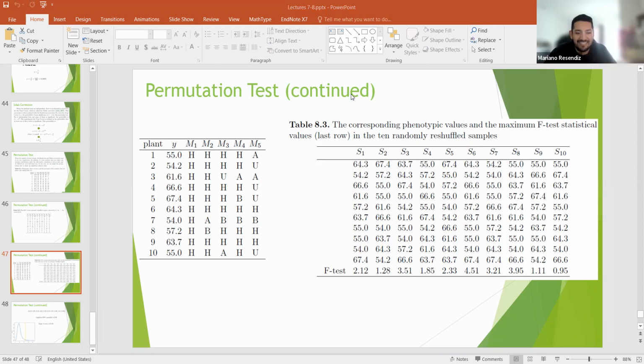Go ahead, Mariano. I wanted to ask if you could once more give an example showing how to calculate the centimorgan distance, the map distance, from, let's say, two parents and two recombinants, from a set of observations.